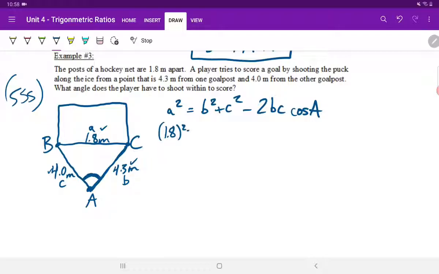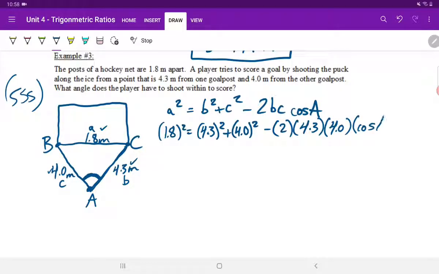Let's fill in our values. 1.8 squared equals 4.3 squared plus 4.0 squared minus, put everything in brackets, but we don't know capital A. That's what we're going to end up solving for. No problem.